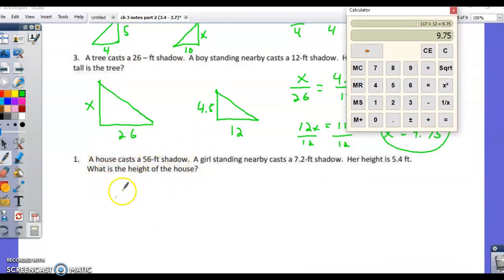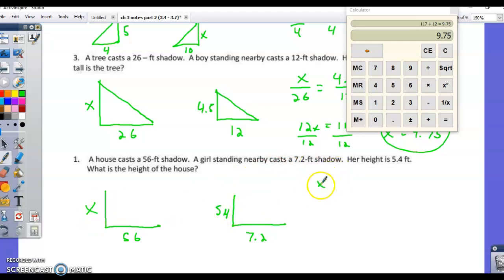House casts a shadow of 56 feet. So here's our house. Here's our shadow, 56. Girl standing nearby casts a shadow of 7.2 feet. Her height is 5.4. Again, x, exact same type of problem. You can do x over 5.4 if you want, equals 56 over 7.2.